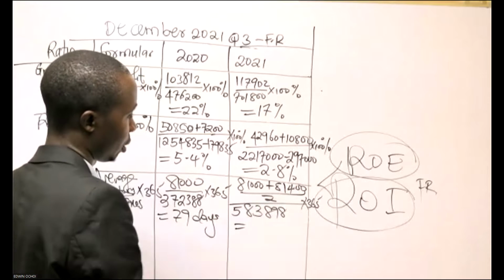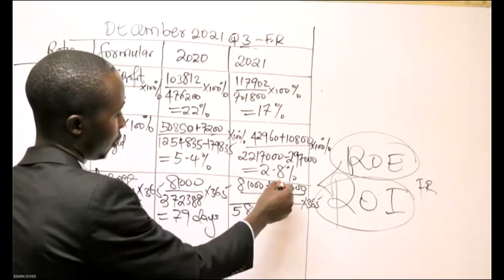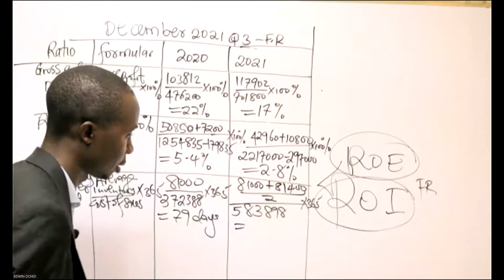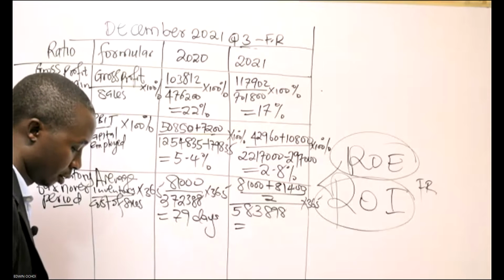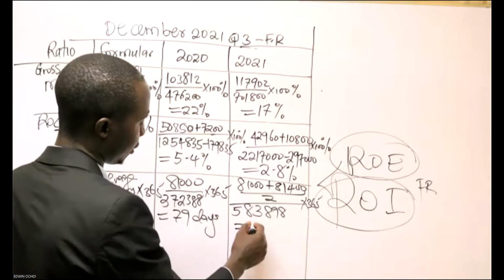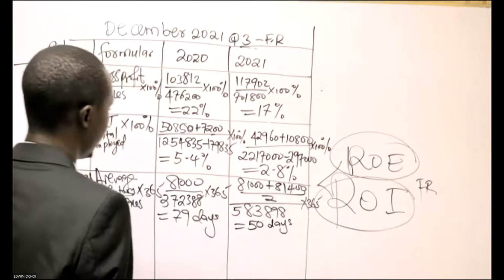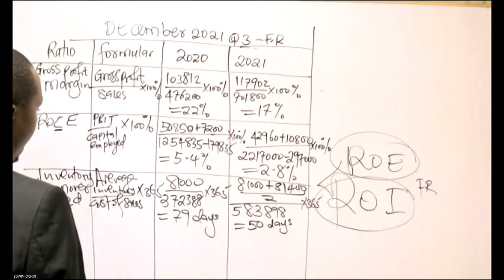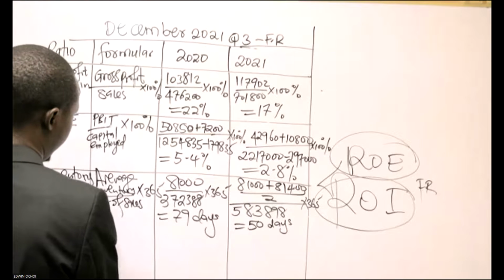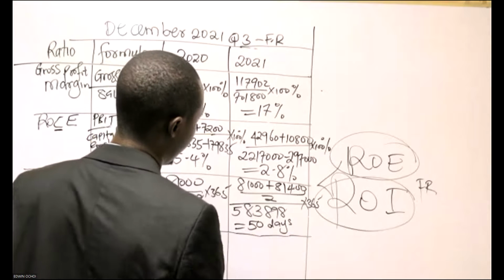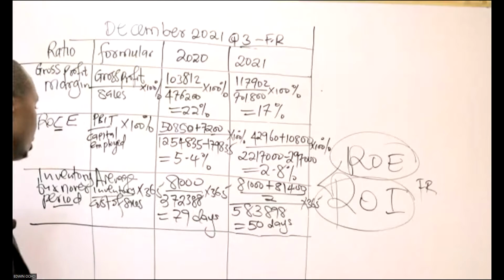Remember, they have changed this. You have used 84, it should be 81,400. Also meaning this one is 50. Yes, 50 days.